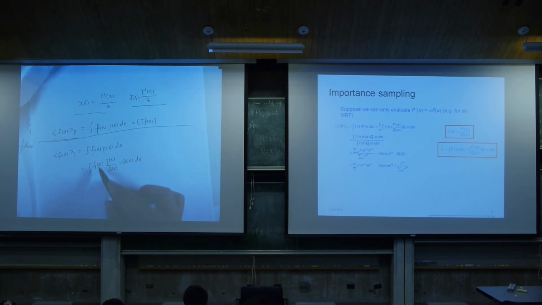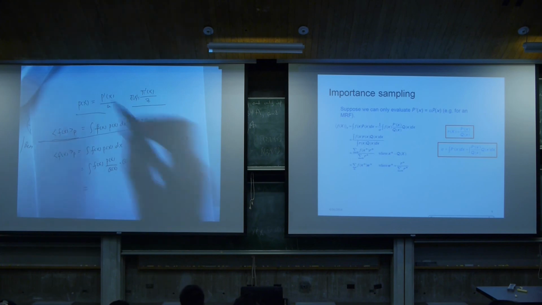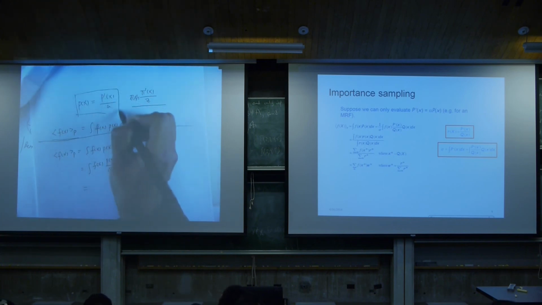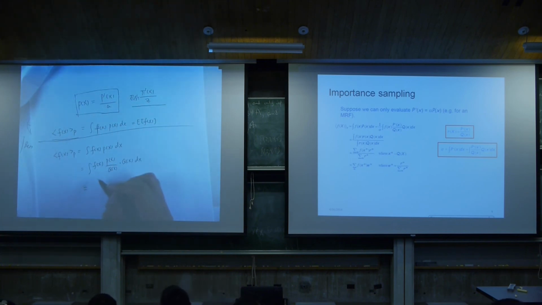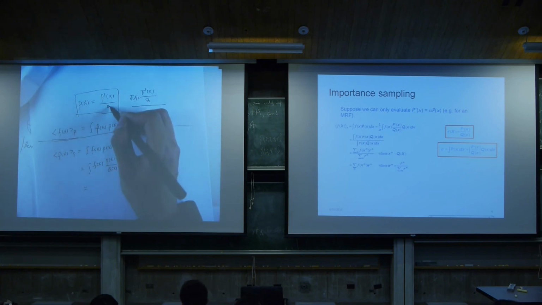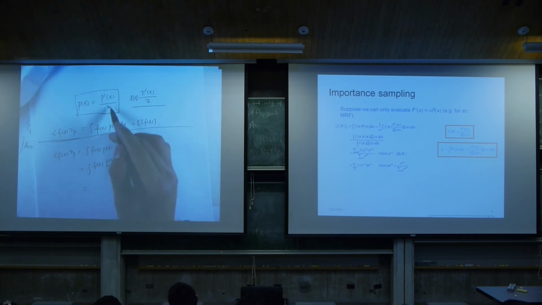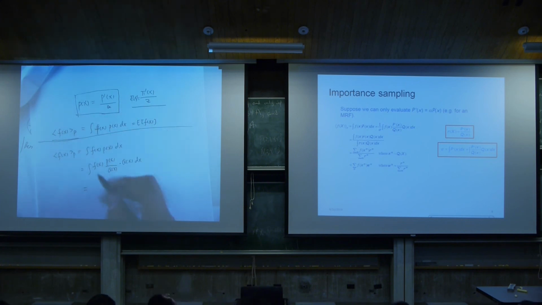It doesn't change anything, right? Divide something and multiply something. And the definition of Px is like this. Because A is the partition function, which does not depend on x, we can take it out of the integration.